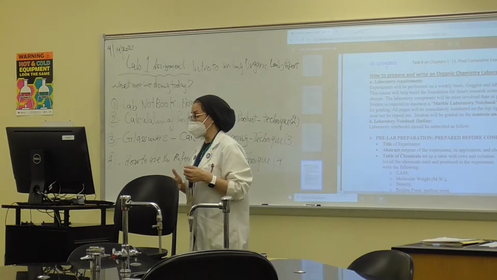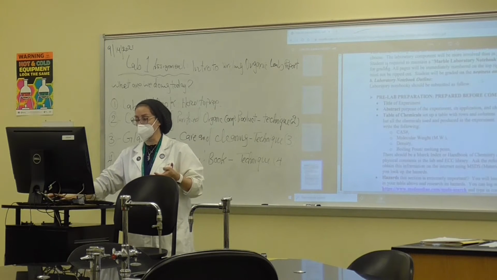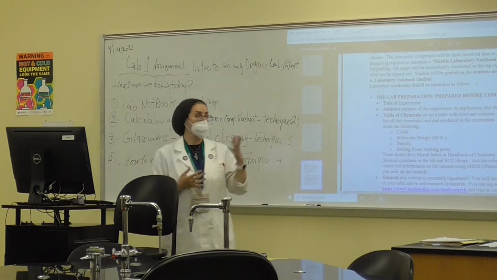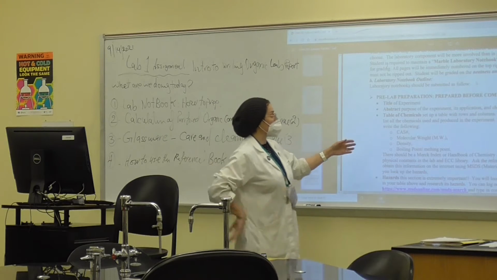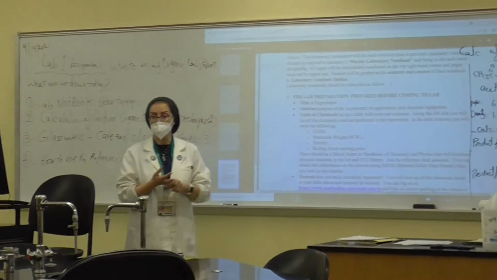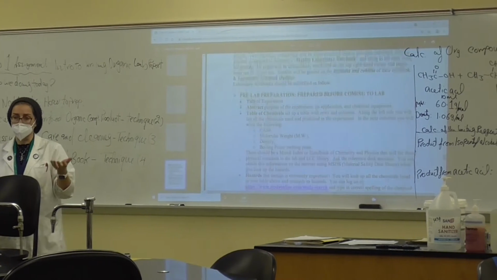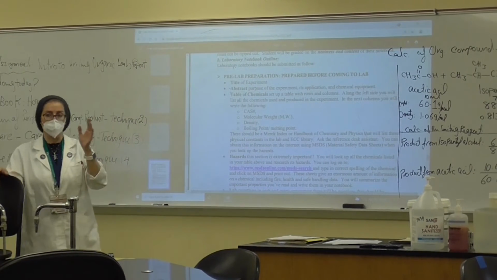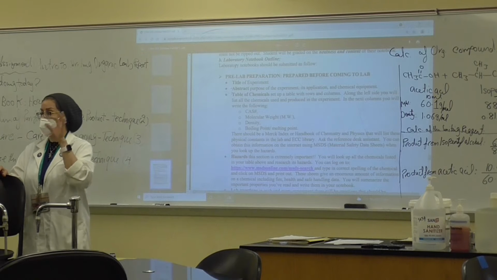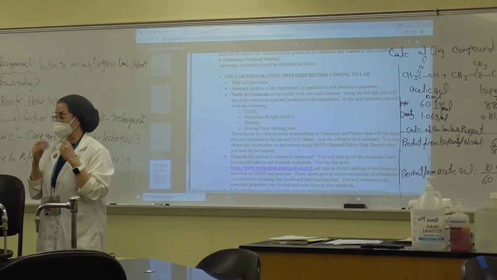So these are the steps. We are going to have the title of the experiment, the abstract, and then the table of the chemicals. If there are chemicals, even if you have water, or sugar or salt, you need to put the name and the CAS number.